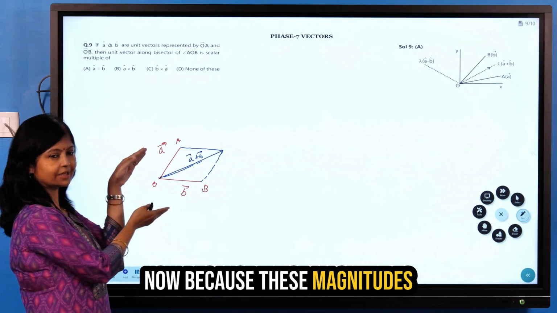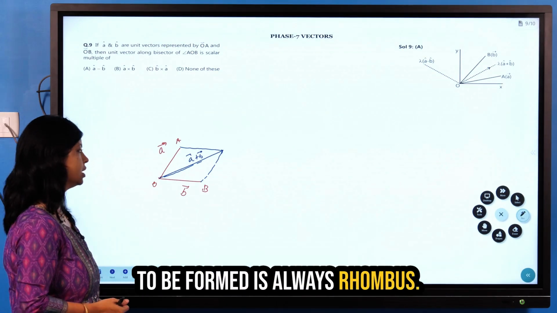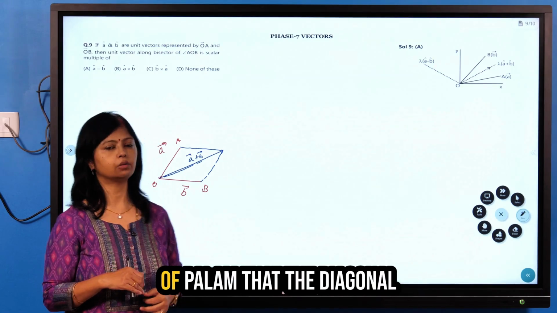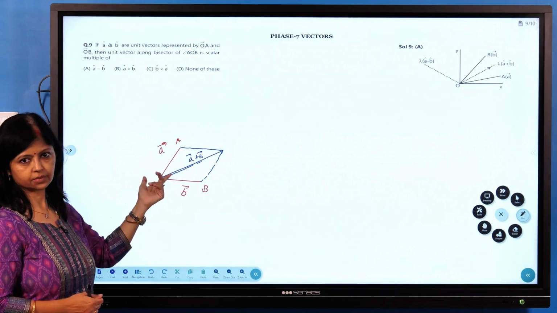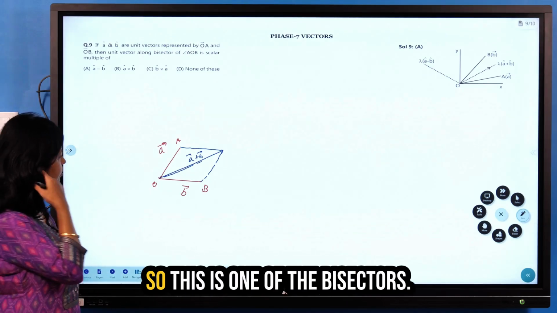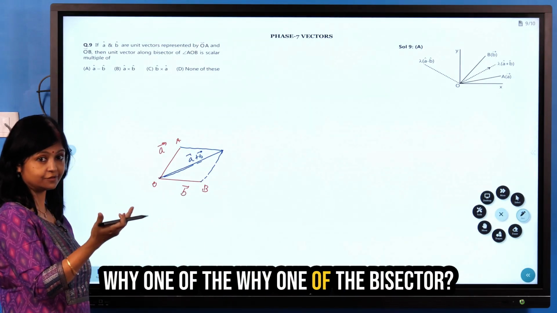Now, because these magnitudes are the same, the parallelogram that is formed is always a rhombus. And we know from our concept of parallelograms that the diagonal in a rhombus will always bisect the vertex angle. So this is one of the bisectors. Why one of the bisectors?